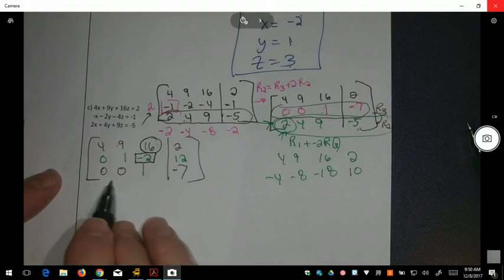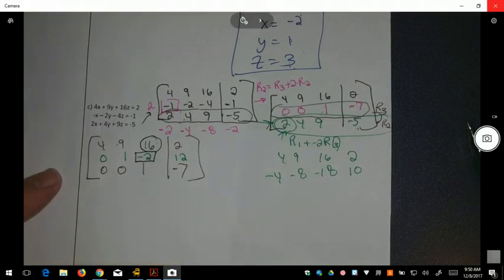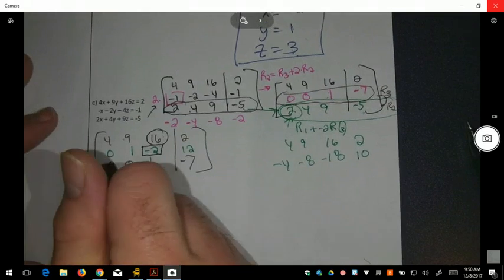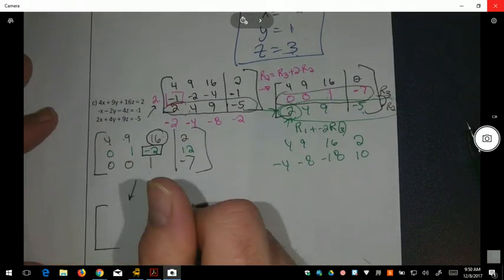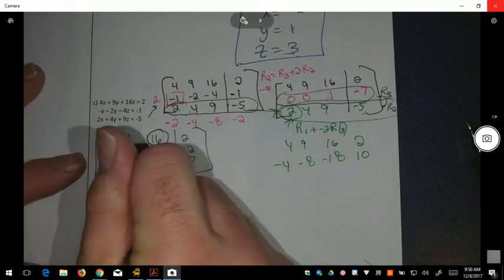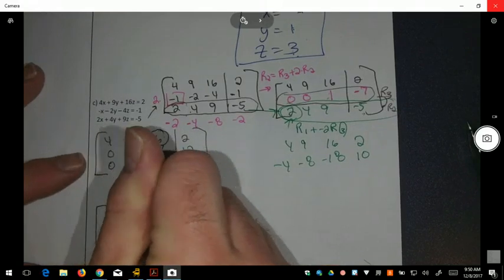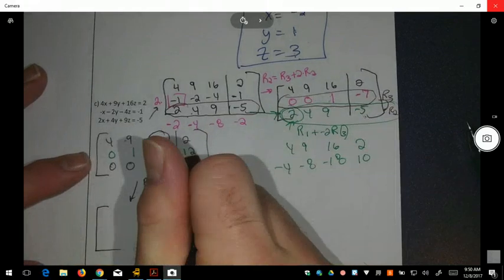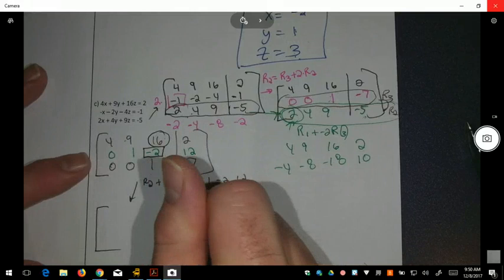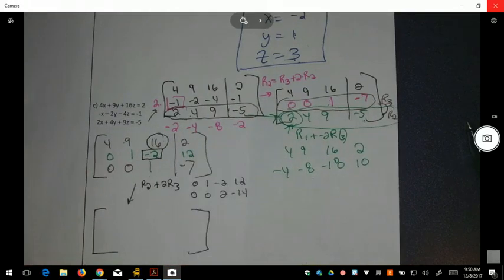Row 3, because we want to just change just those numbers. We don't want to change this number. So I'm going to do, to get my next matrix, leaving a little room there, row 2 plus 2 times row 3. And here's what that's going to look like. 0, 1, -2, 12, and 0, 0, 2, -14.